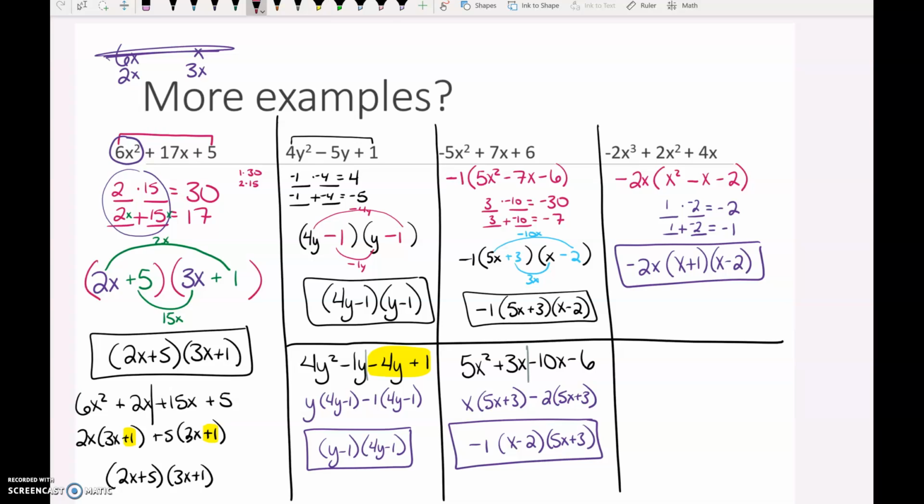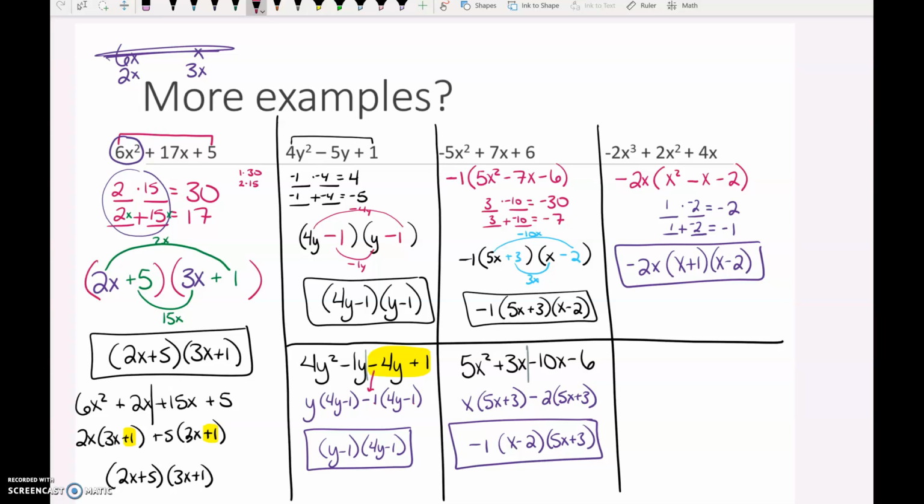And if you remember to drop that negative down, they actually have a -1. So then -4y divided by -1 is +4y. 1 divided by -1 is -1. This one can be very difficult to factor when you're doing factor by grouping, and with guess and check, it works out a lot easier.